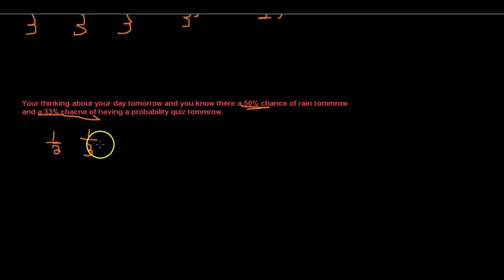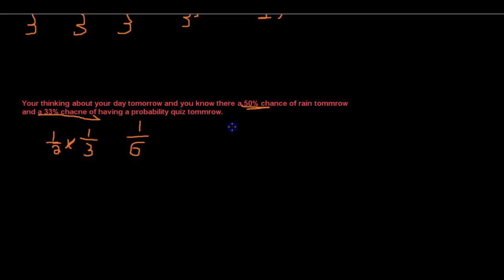So we're going to see the probability of having both on the same day. So that's going to be tomorrow. That's the only information we have. So we're just going to multiply them by each other to get the probability. So 1 times 1 is 1, and 2 times 3 is 6, because that's how we do fraction multiplication.